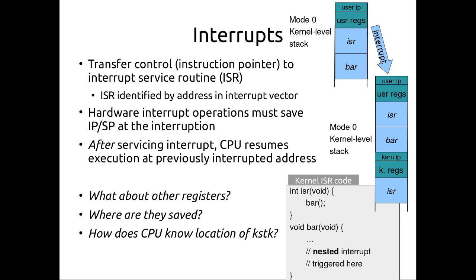And what the hardware will then do is save the instruction pointer and stack pointer that were in the kernel at the time that the interrupt happened. And then the interrupt handling routine, the ISR, the interrupt service routine, will save the rest of the kernel registers and actually conduct the execution of the interrupt service routine.